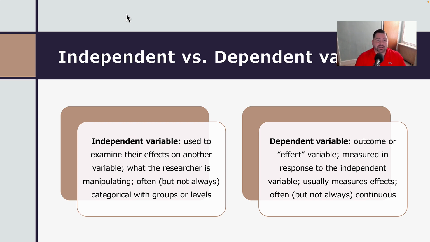It is what the researcher is manipulating, often but not always categorical with groups or levels. So for all intents and purposes of this class, the independent variable is your categorical variable. It is the tool, the intervention, the thing that we are trying to do this or that and see how it changes an outcome variable of interest.